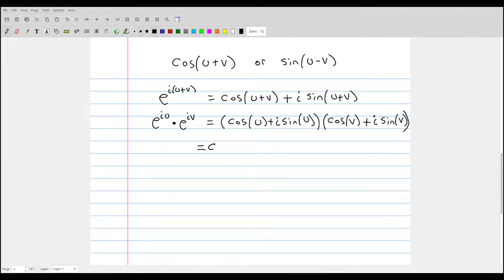So when we do that, we get cosine of u times cosine of v, then minus sine of u times sine of v, and it'll be plus i times cosine of u sine of v plus i times sine of u cosine of v. Let me make a little bit more space here so we can see this.